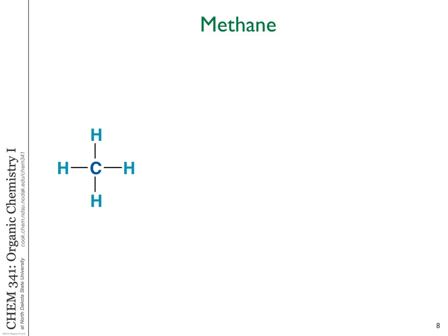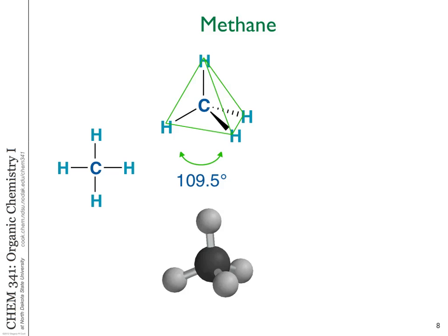We know methane is not a 2-dimensional molecule. It's a 3-dimensional molecule. So if you actually look at the structure of methane, what we find is that the carbons are attached to the hydrogens, but the hydrogens are spread as far apart as possible in 3 dimensions. Not in the plane of the board here, but in 3 dimensions. And so it defines the shape of a tetrahedron.